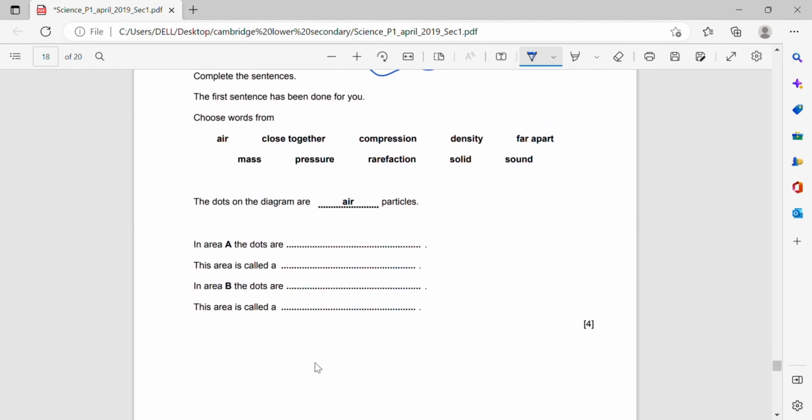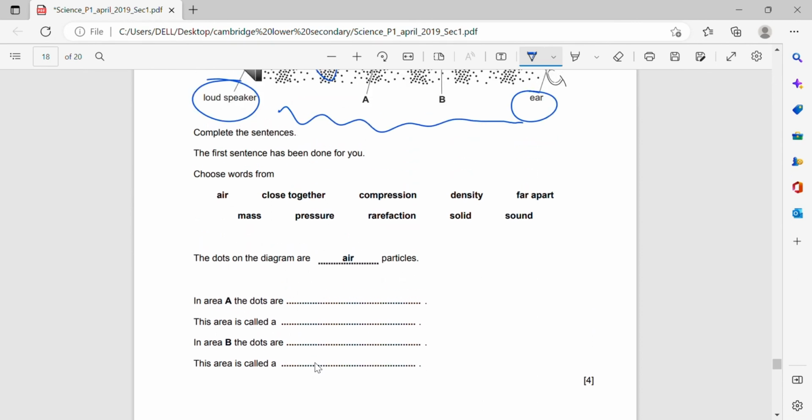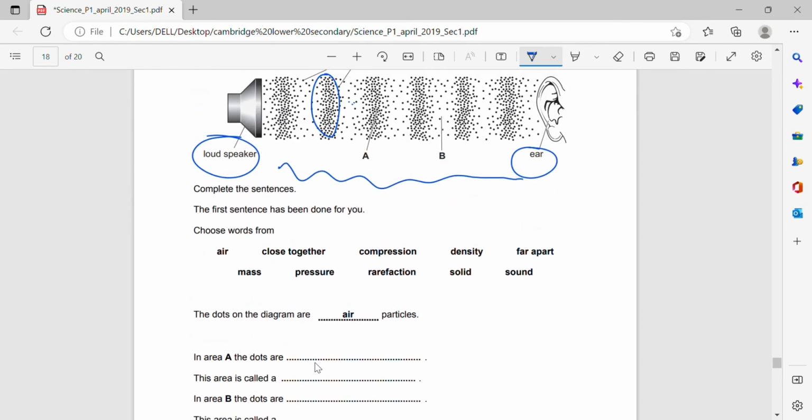Now, in area A the dots are what? Close together or far apart? We choose close together. Great, very easy question. This area is called compression, squeezed and close together.